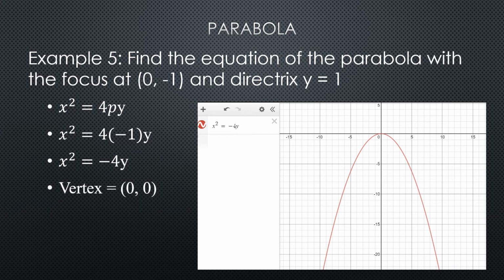The distance from the vertex to the focus is p, so we've got a -1 there, and we end up with x squared equals -4y.